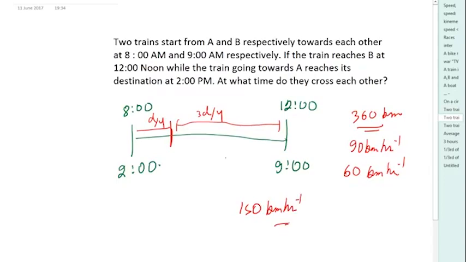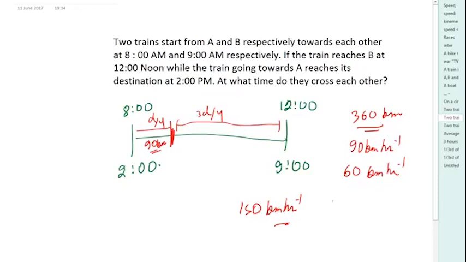Right. But by 9 a.m., it has already covered how much? The 360 by 4, or 90 kilometers, has already been covered by the faster train. So they both need to cover only 270 kilometers.